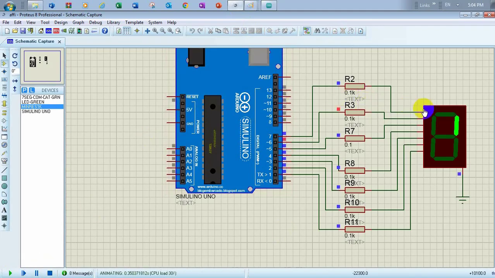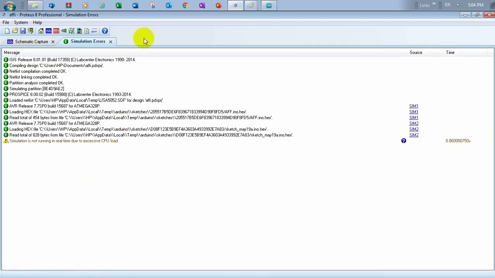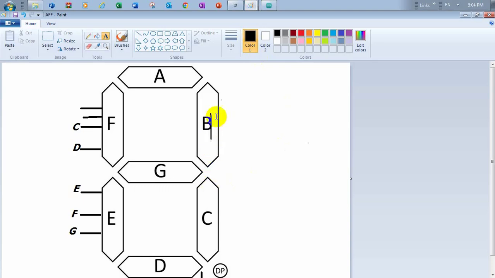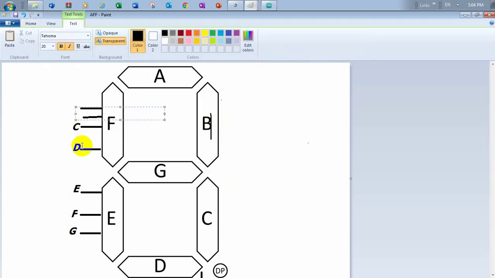So this link is connected with this segment. Okay. Here we go, this segment is B. So right here, B.